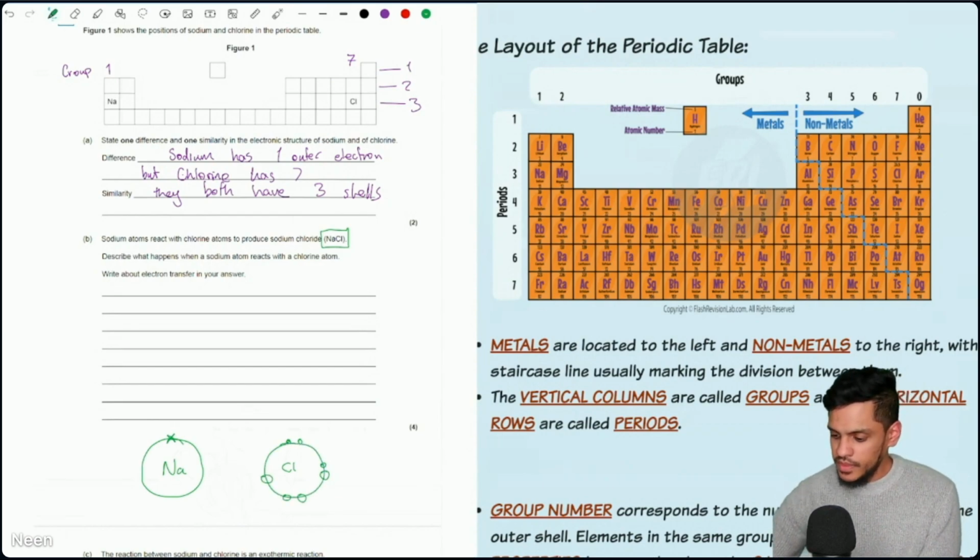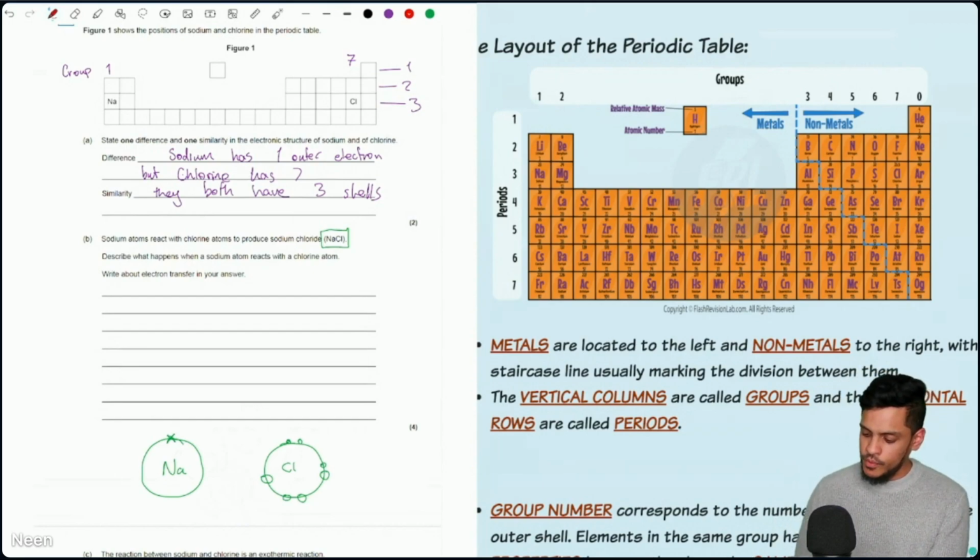They both want to gain a full outer shell. That's what makes them stable. So the best way for that to happen is sodium gives one of its electrons to chlorine. That way sodium has a full outer shell, chlorine has a full outer shell.